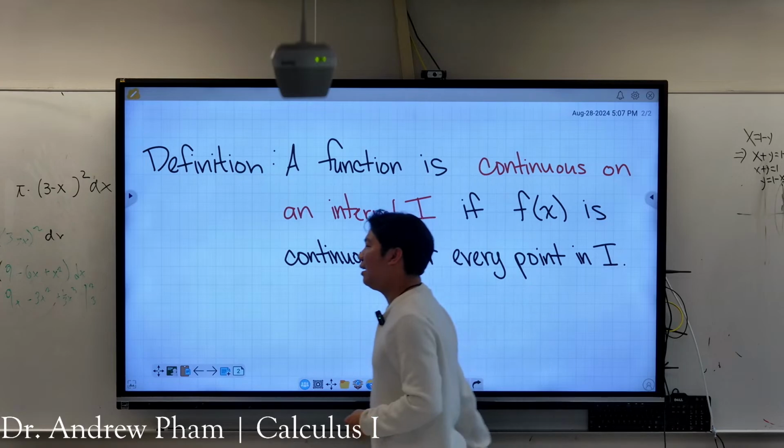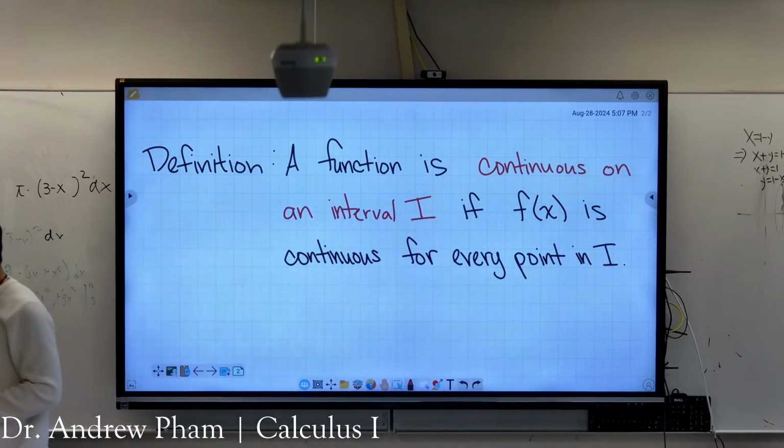So, whenever I talk about continuity, in general, I should be specific. Am I talking about, is it continuous overall on all real numbers? Or is it continuous on this interval? Or am I talking about continuity at a single point? So a point, an interval, or just across all real numbers.